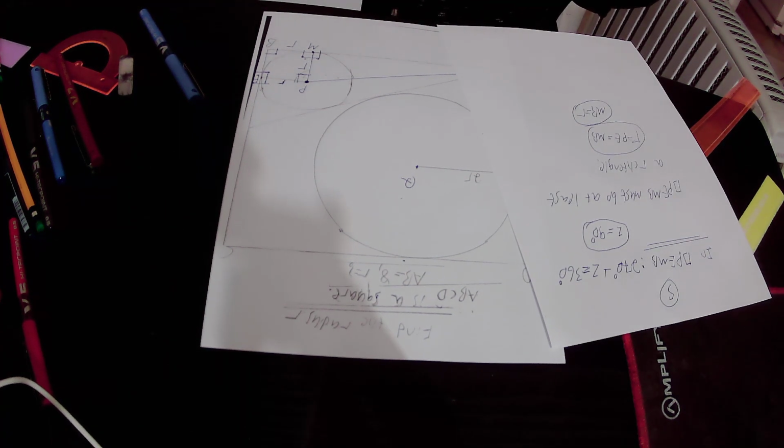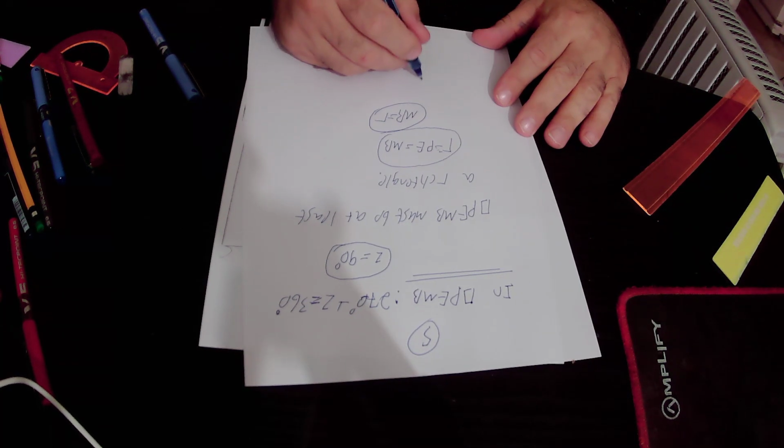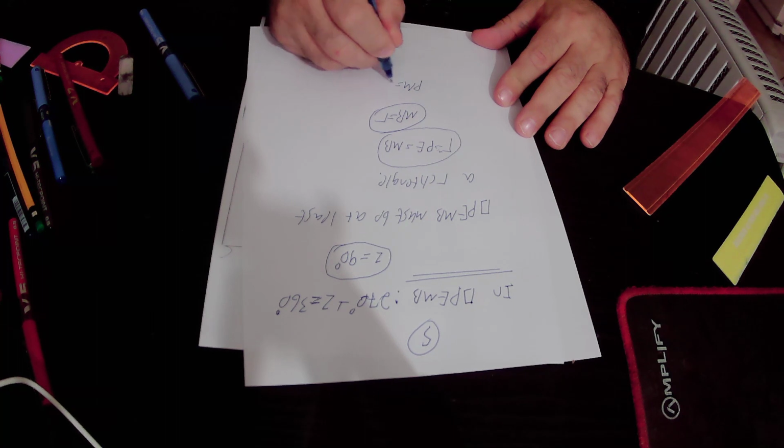Likewise, according to the rule that opposite sides of a rectangle are equal to each other, inside rectangle PEMB, those two sides PM will be equal to EB.